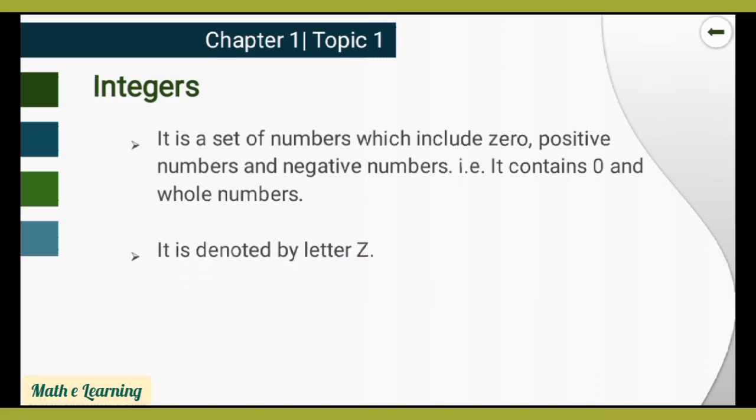We can denote integers by the letter Z, and you can represent it as Z equals, in brackets, -2, -1, 0, 1, 2, with infinity in both ends.